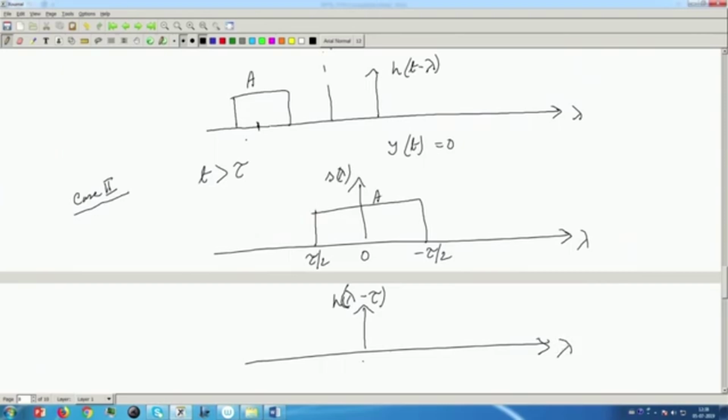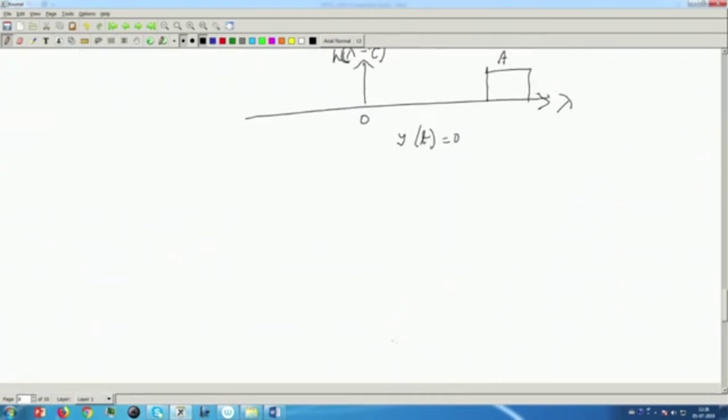It will be somewhere here. So, again I can say y(t) is equal to 0. So, case 1 and case 2 are out.